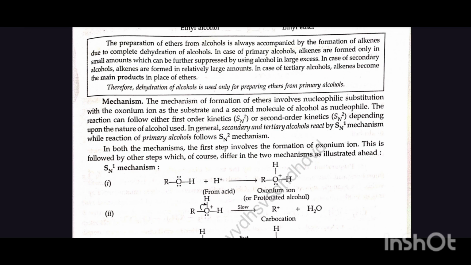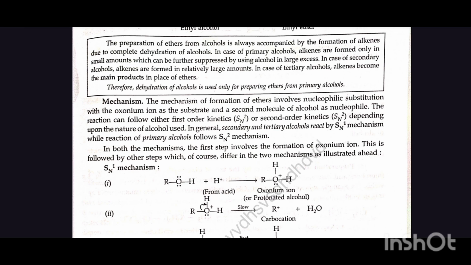Mechanism: the mechanism of formation of ethers involves nucleophilic substitution with the oxonium ion as a substrate and a second molecule of alcohol as nucleophile. The reaction can follow either first order kinetics, SN1 mechanism, or second order kinetics, SN2 mechanism, depending upon the nature of the alcohol used.